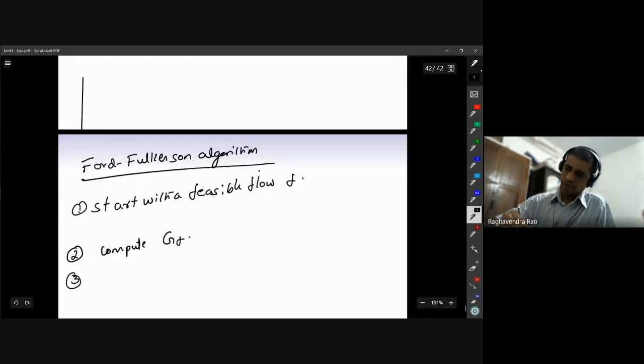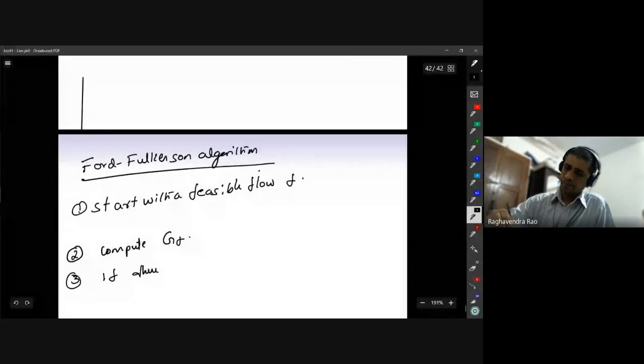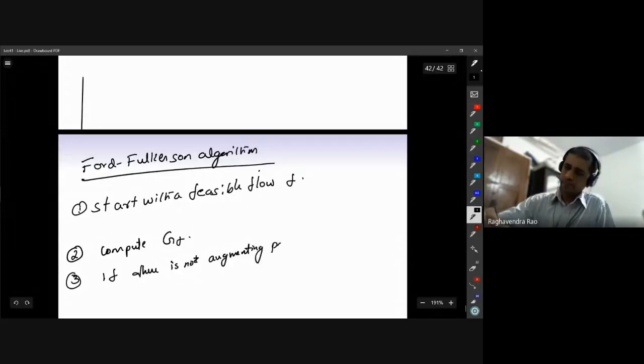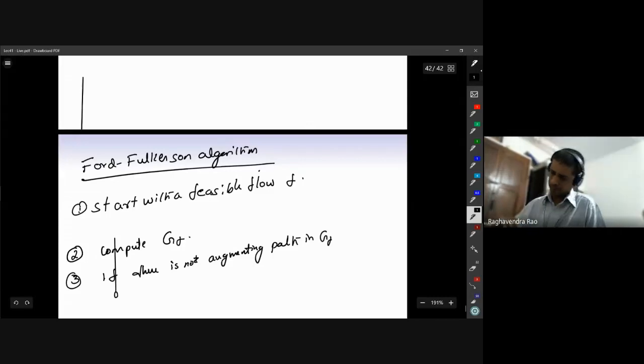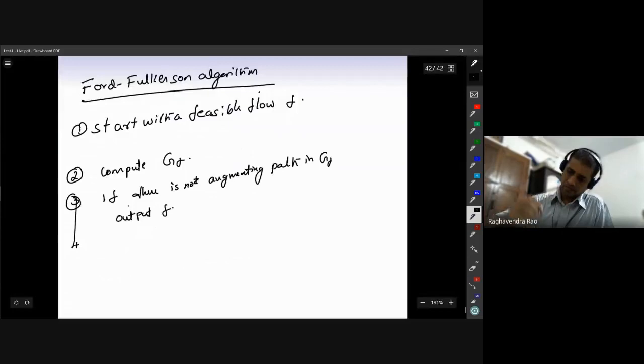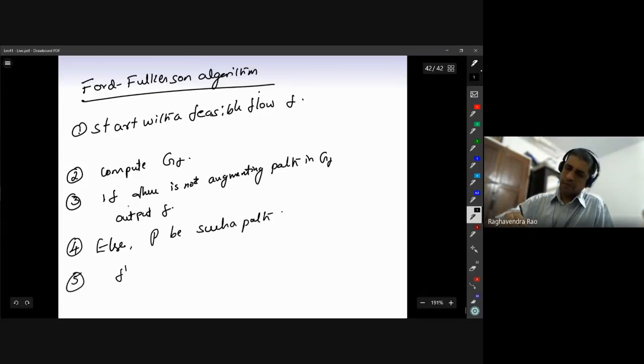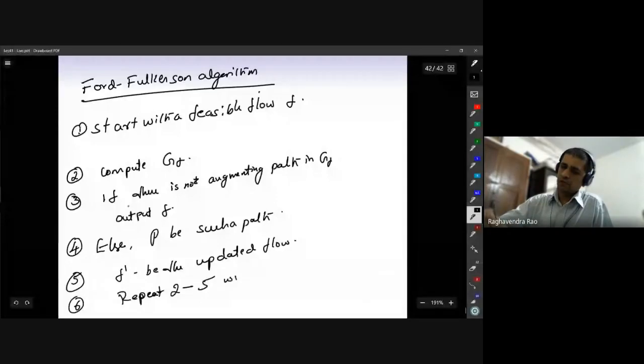Three, if there is no augmenting path, output F. Else, let P be such a path, and let F prime be the updated flow. Six, repeat steps 2 to 5 with GF prime.